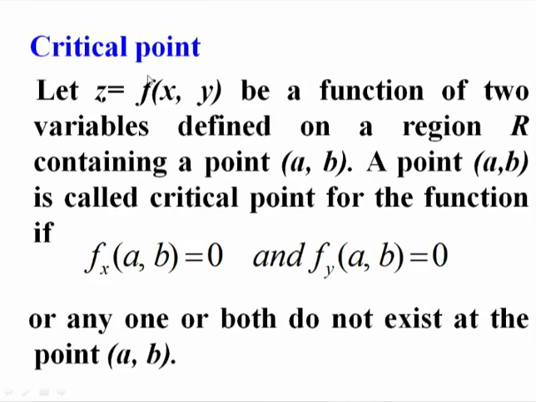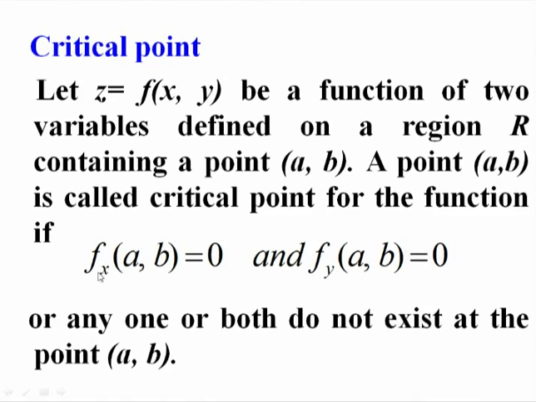Now we define another term, critical points. Let z is equal to f of x y be a given function of two variables defined on a region R containing a point a, b. Then the point a comma b is called a critical point of the function if the values of the partial derivatives with respect to x and y at the given point a, b are 0.